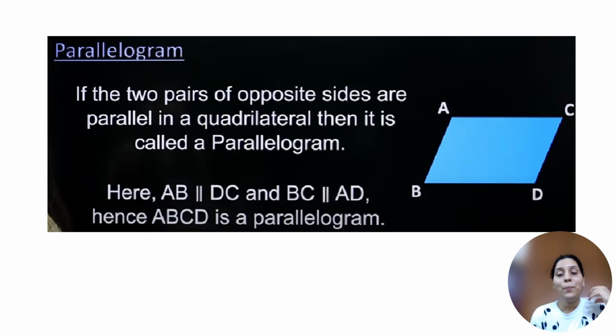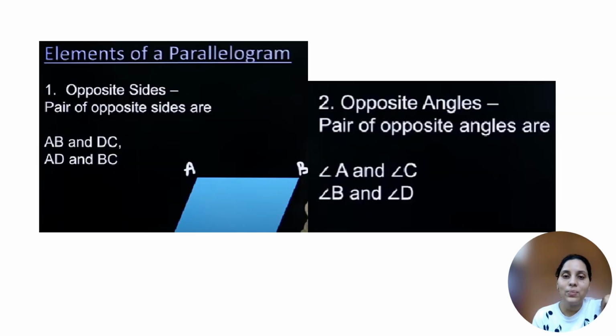Next, moving on, parallelogram. The name itself suggests you have parallel lines. All the opposite sides are parallel. So if we have two pairs of parallel sides, then it becomes a parallelogram. So AC is parallel to BD, AB is parallel to CD. Next, the properties. Here we are going to see opposite sides.